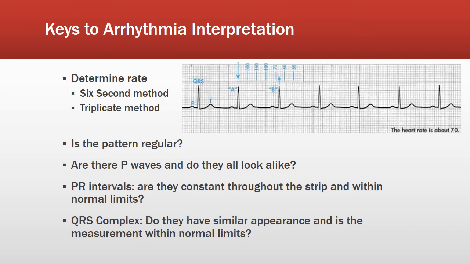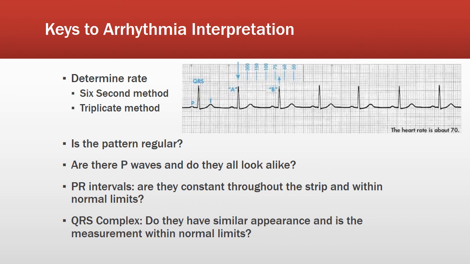The triplicate method is used for only regular rhythms, and this tends to confuse people, but it's one of my favorites. If you would look at the diagram or the rhythm, you'll see where on the second QRS from the left, where it says A, and there's also an arrow that's pointing down.